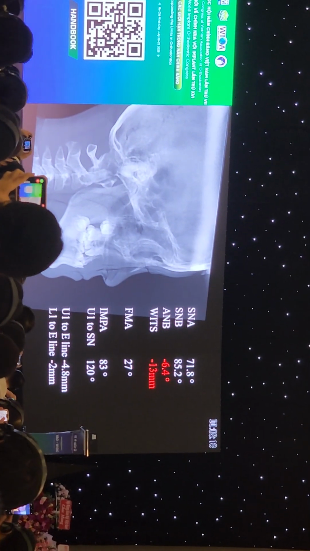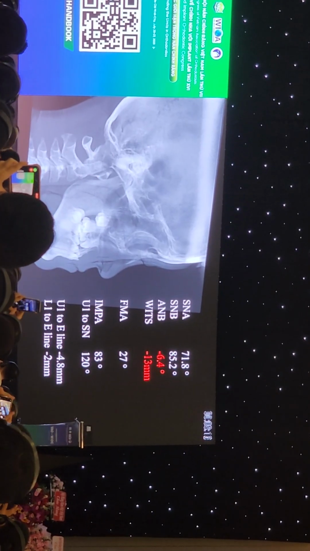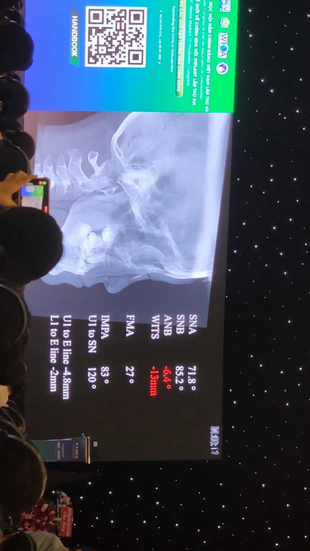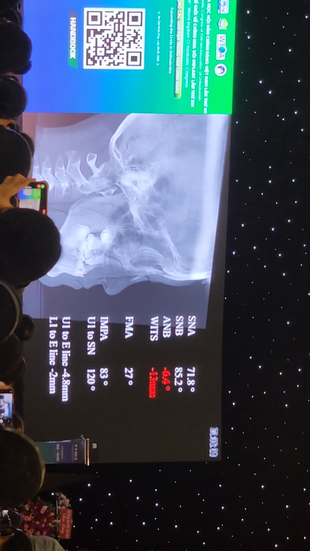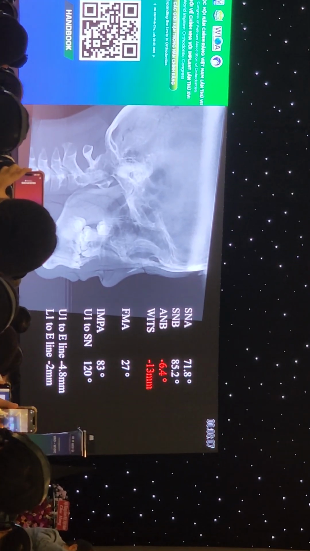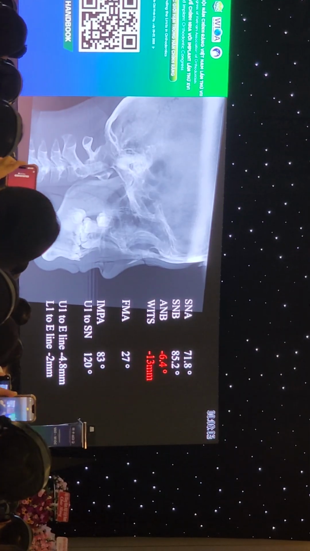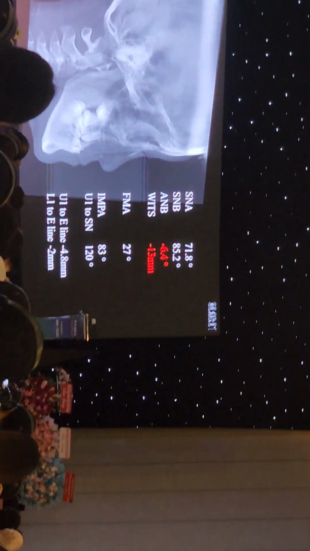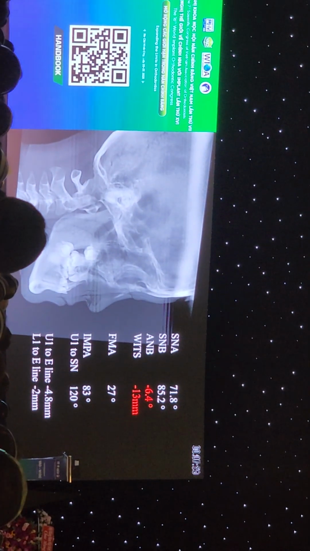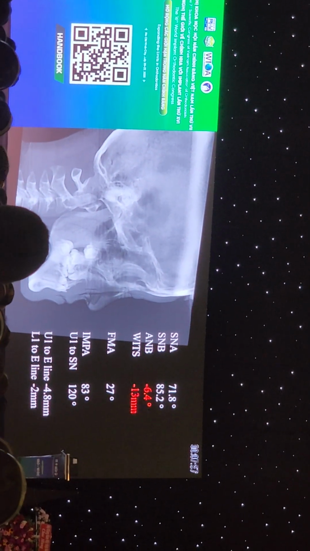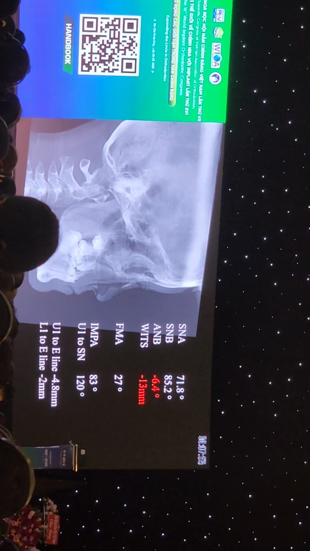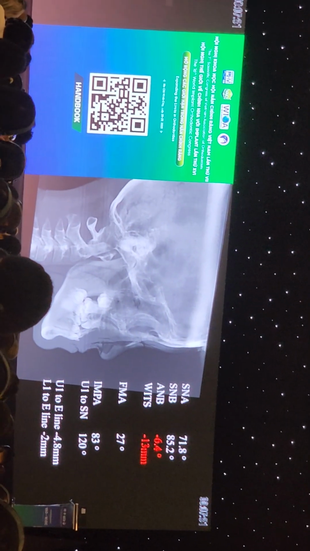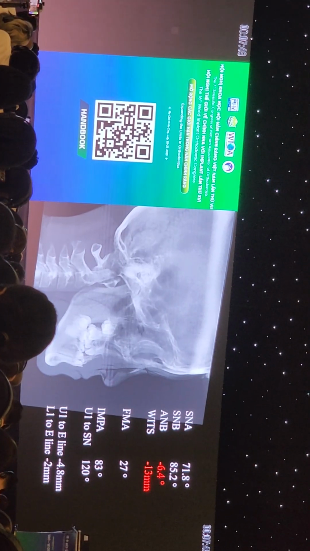Well, you're going to take an X-ray. Whoa! The width is minus 13. Is it minus 13 the width? By the way, the normal width is 0 or minus 1, right? So is it good, bad, or is it ugly? Good, bad, or is it ugly? Okay.